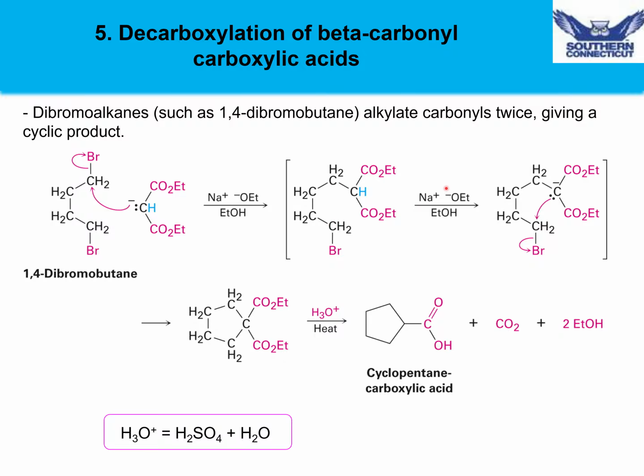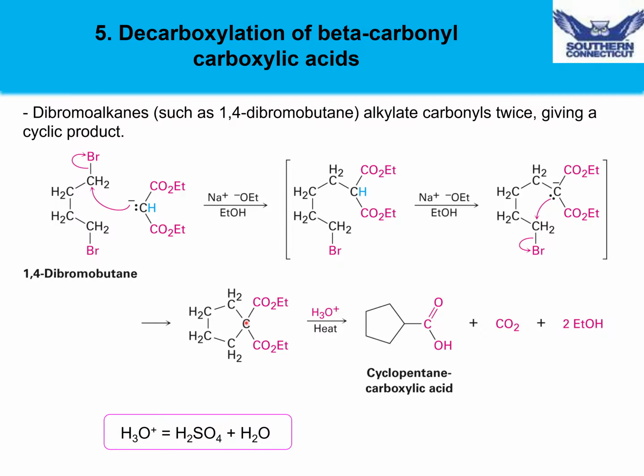With sufficient base, we can remove the other alpha hydrogen, which would once again attack this carbon here with the leaving group, as shown in this example. And that leads to closing of the ring. So in this example, we started with an alkyl halide that had 4 carbons. Those 4 carbons are shown here, and the 2 ends of the dihalide are attached to the same alpha carbon, since the deprotonation occurred there twice.